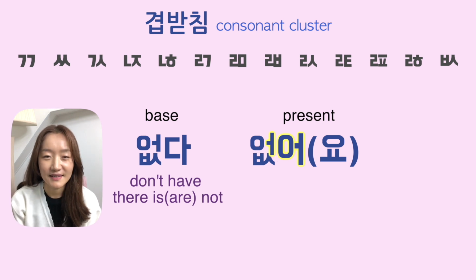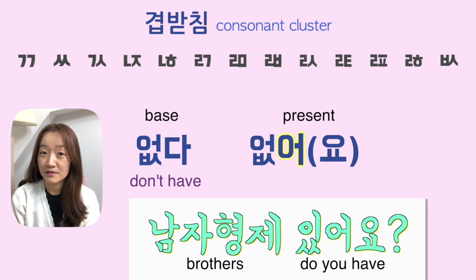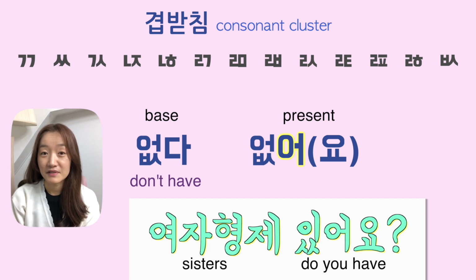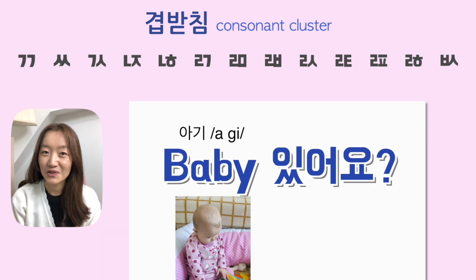Or there isn't, there aren't. 없어. 나는 brothers 없어. Do you have brothers? Do you have sisters? Now you can answer them using 있어, 없어. Can you make a sentence with your family members?